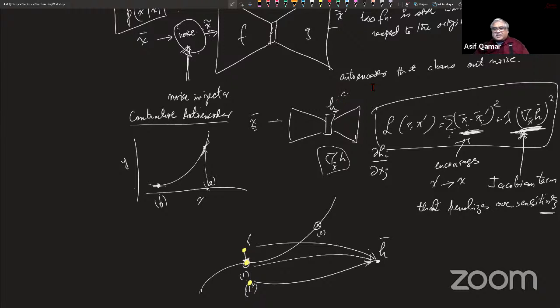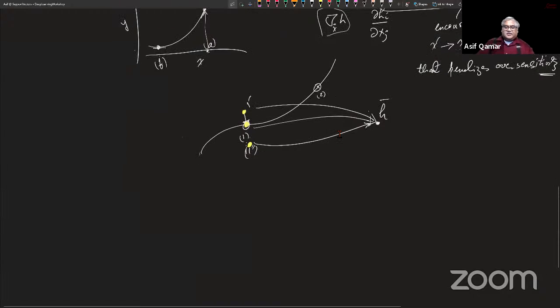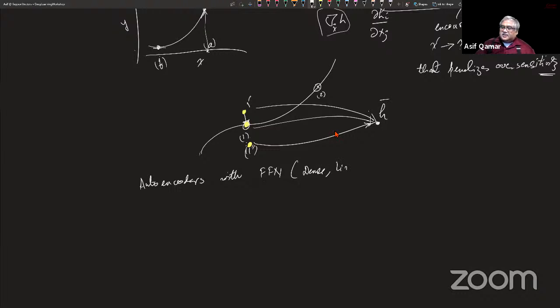Now you can build autoencoders in two ways. You can build autoencoders with a feed forward network. You can put feed forward or dense or linear or fully connected layers. You can pick your synonym.